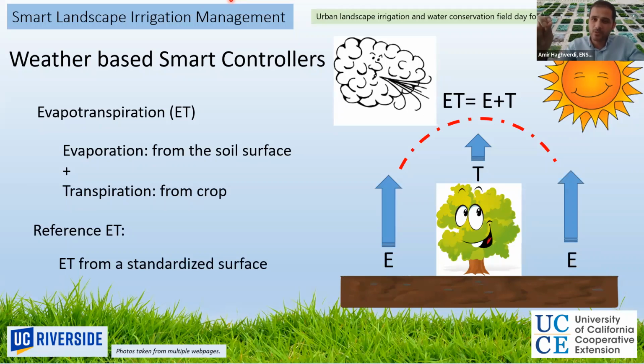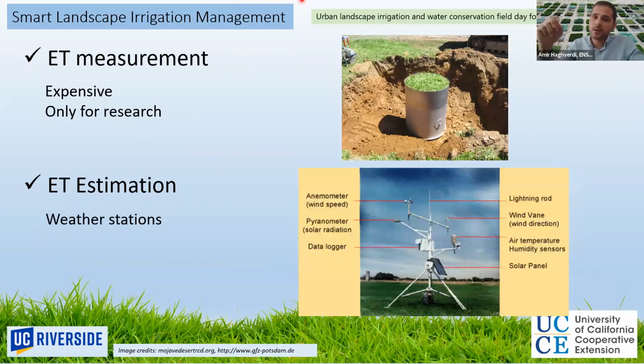Another term you should be familiar with is reference evapotranspiration, which is evapotranspiration from a standardized surface, cool season turf grass. Measuring evapotranspiration directly, to know exactly how much water is used by plants and evaporated, is really challenging.